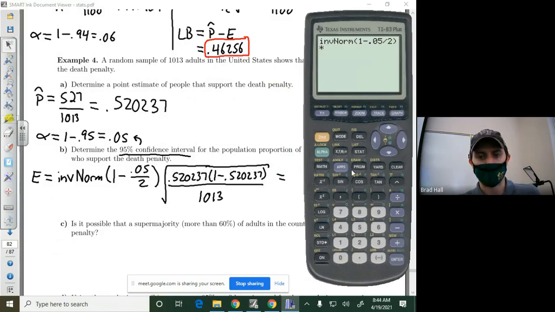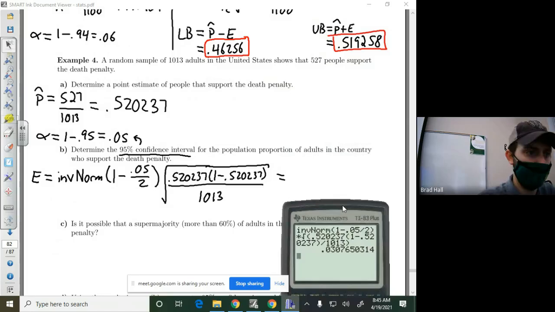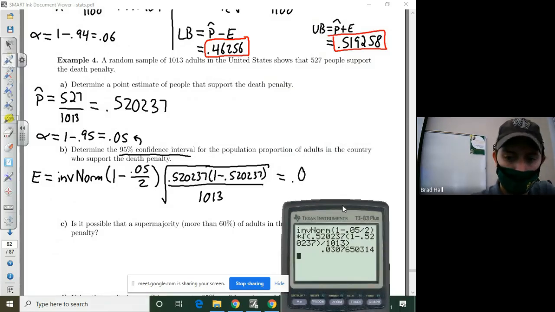And then we can multiply 0.520237 by 1 minus 0.520237, divided by 1013. 0.030765.